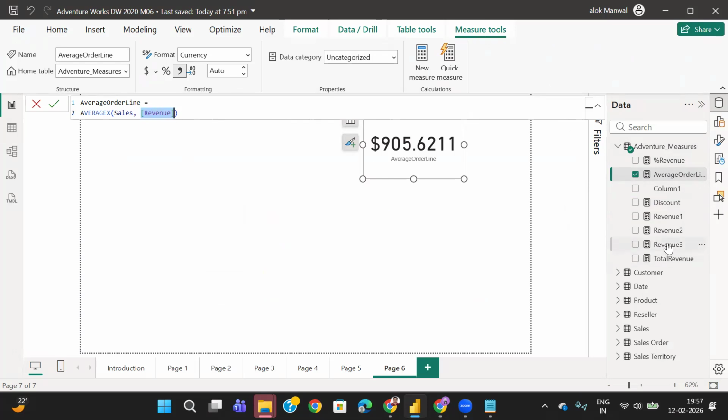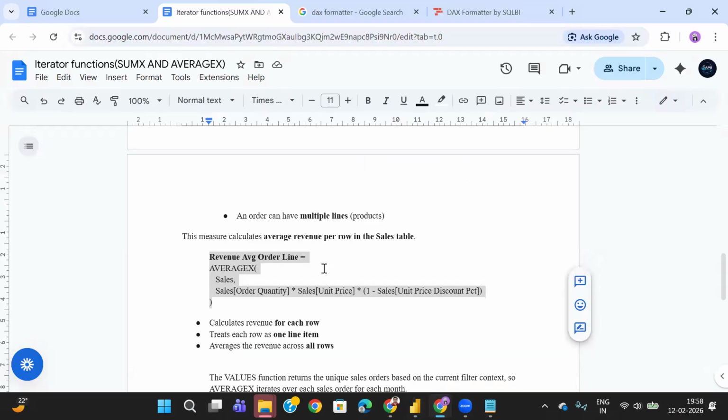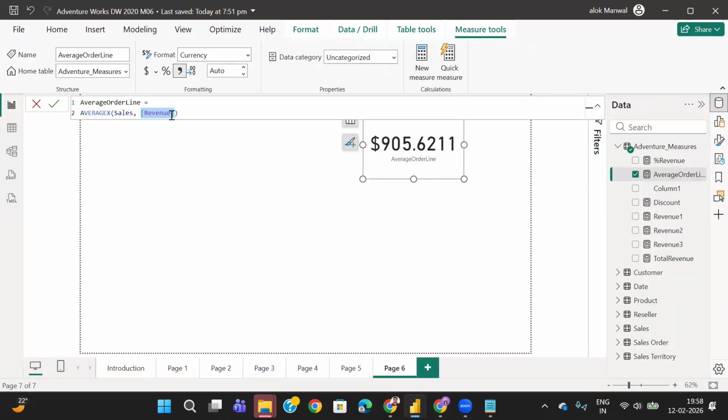What I have done is use my previous measure for making this new measure. So we need not always do things from basics. Because it's calculating for revenue, I'll just directly put it here.